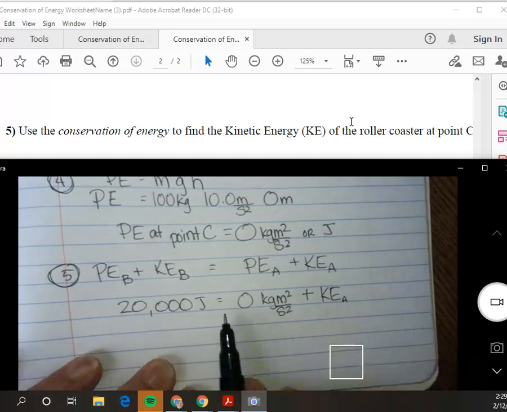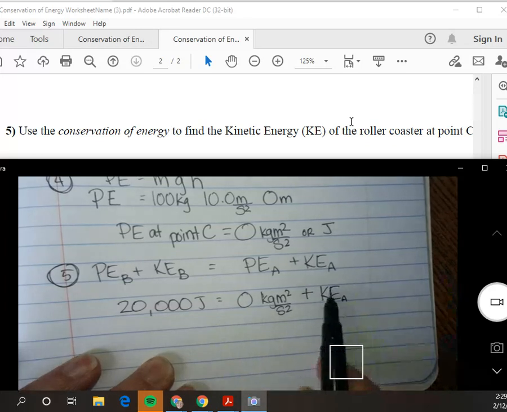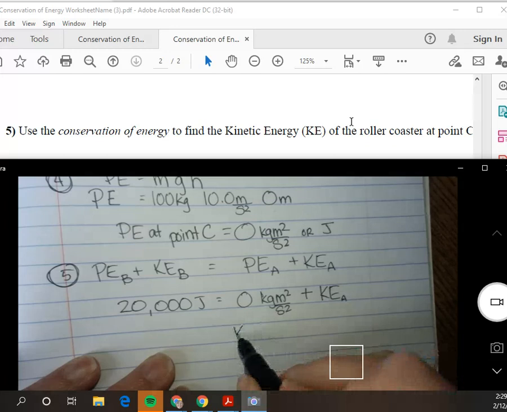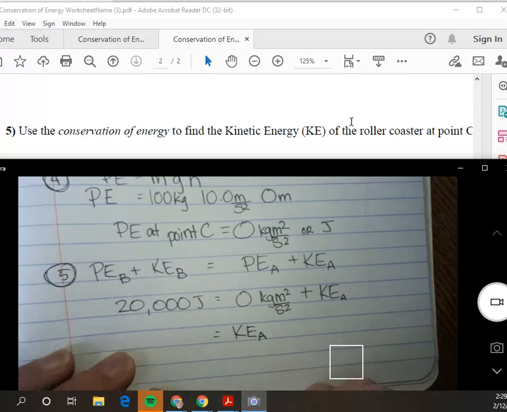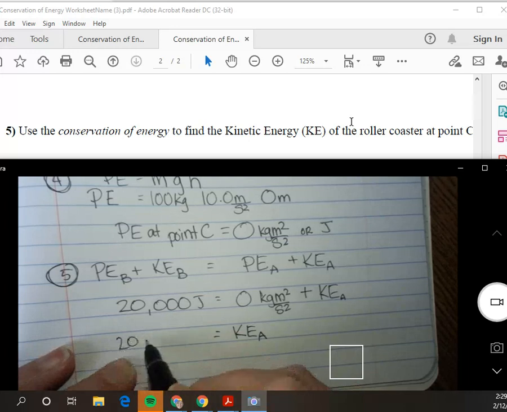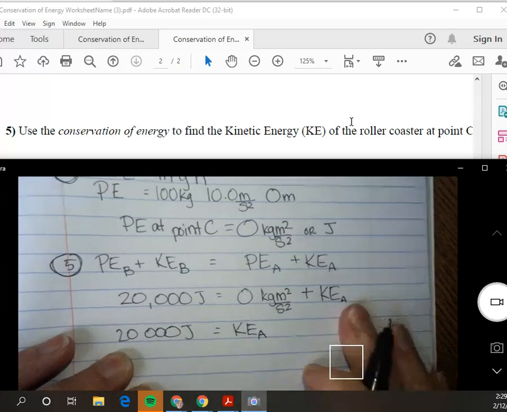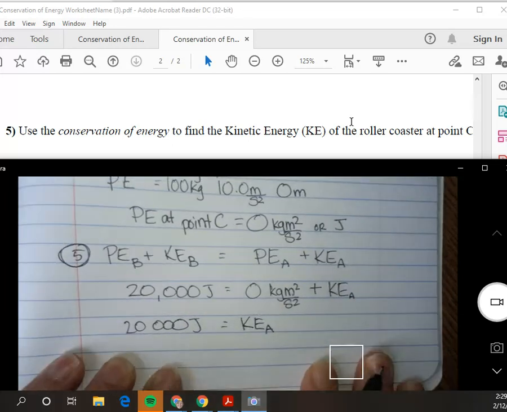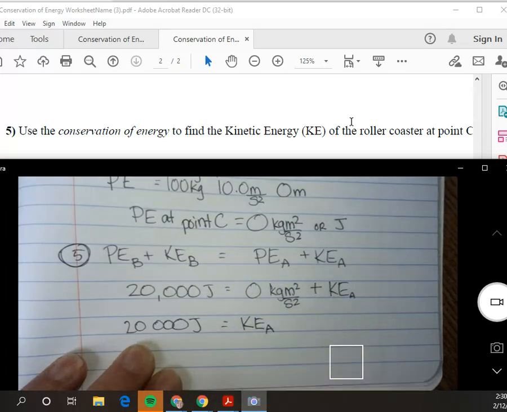So 0 plus anything is itself. So we're left with KE, which kind of made it easy on us, equals 20,000 joules, because we had to calculate that potential energy and put it into the equation.